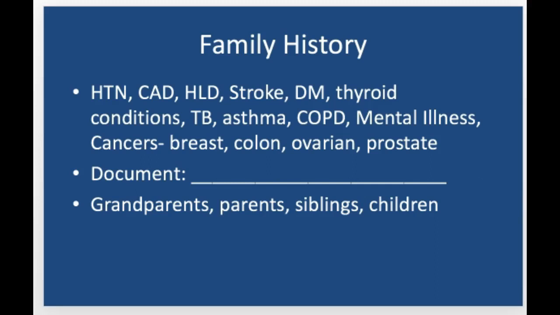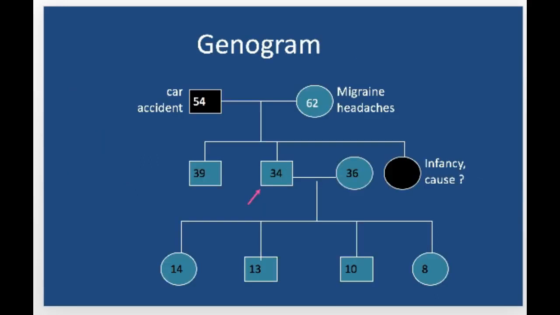You can actually list what they've denied a family history to, instead of just saying negative family history. If it's positive, then you can list who that history is positive in. So grandparents, parents, siblings, and children. We don't generally go beyond first-degree relatives.